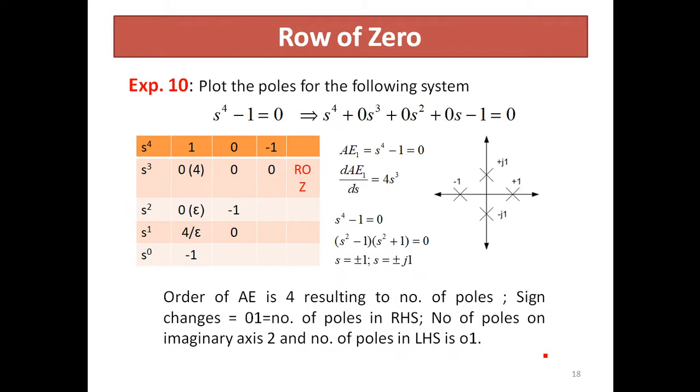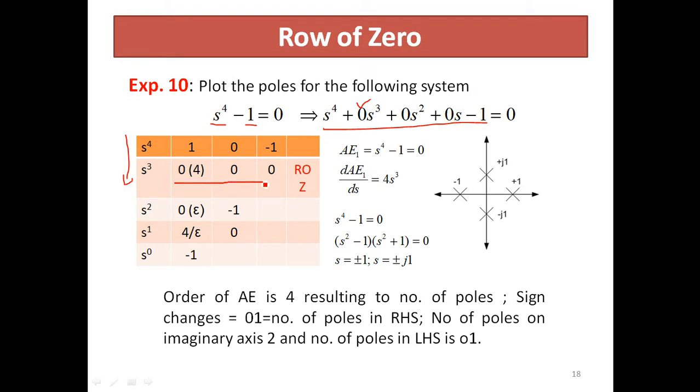Now come to next example. Here you have only 2 terms, s⁴ and -1. So for analysis, what you have to have? You have to consider 0 coefficients of other terms, s⁴, s⁴, s⁴, and go through the steps of the Routh array.